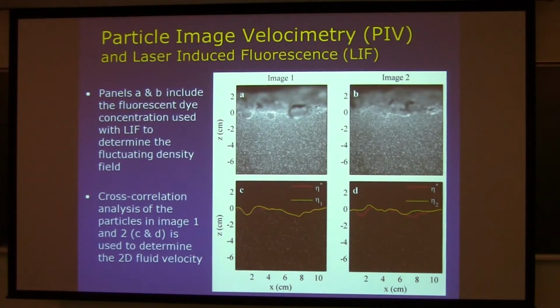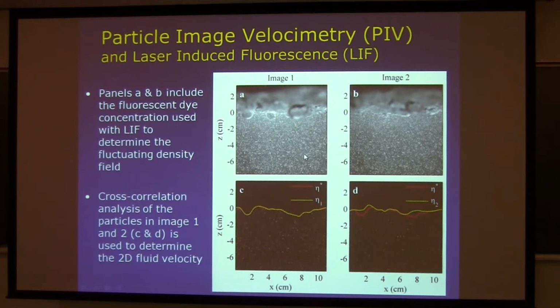So, to give you a brief overview of the experimental techniques, for those who aren't familiar, particle image velocimetry and laser-induced fluorescence are 2 imaging techniques used to derive velocity and turbulence fields for PIV, and laser-induced fluorescence was used to derive the changing density fields.